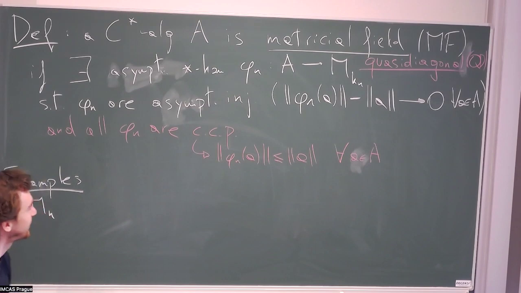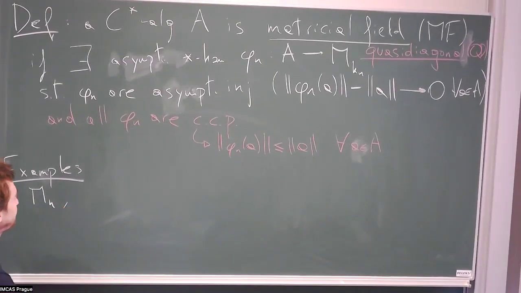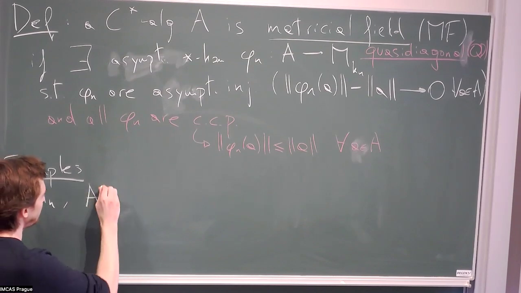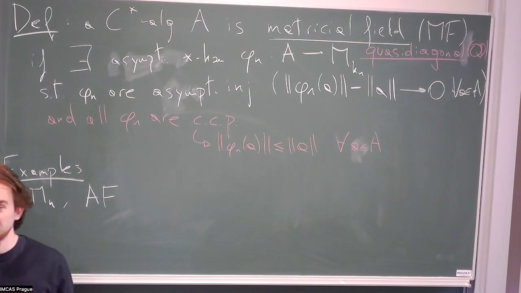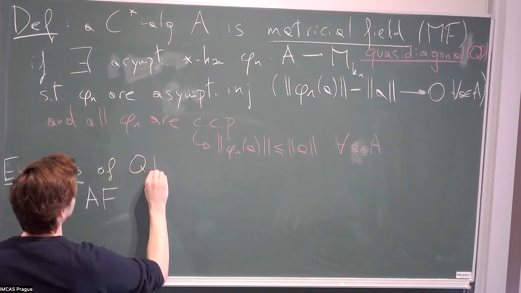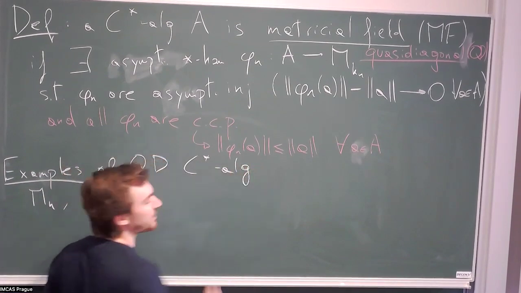You just take the identity map and then you're done. But more generally, if you are what is known as AF, which means you are an inductive limit of finite dimensional C-star algebras, then you will also be quasi-diagonal.